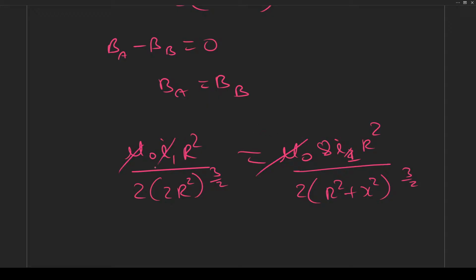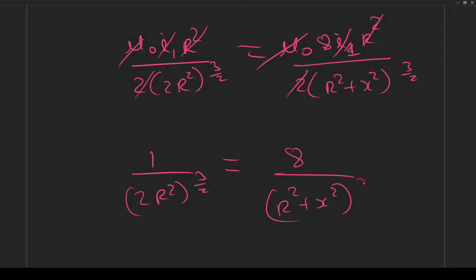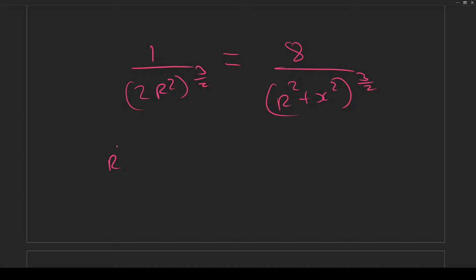Mu naught cancels, I1 cancels, r square cancels, 2 cancels. The remaining terms are 1 by (2r square) whole power 3 by 2 is equal to 8 by (r square plus x square) whole power 3 by 2. By shifting it, we can write (r square plus x square) whole power 3 by 2 is equal to 8 times (2r square) whole power 3 by 2.